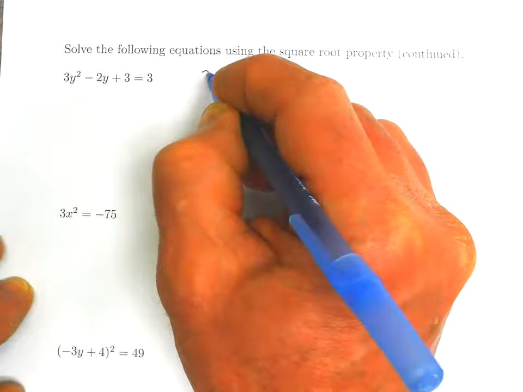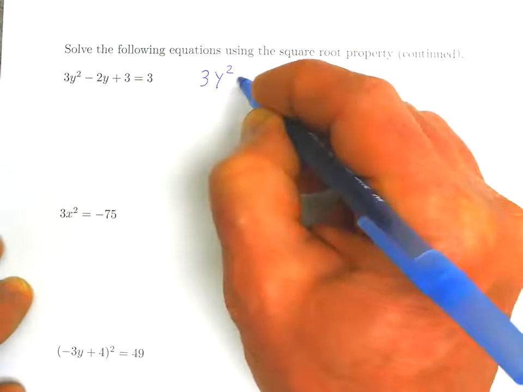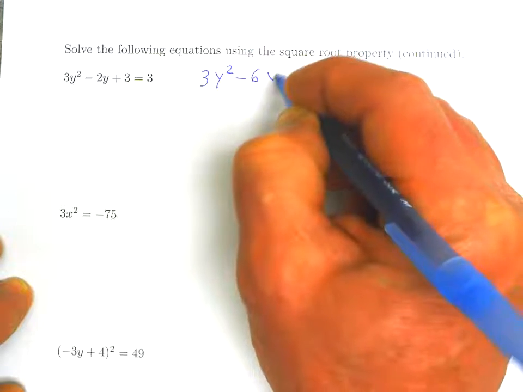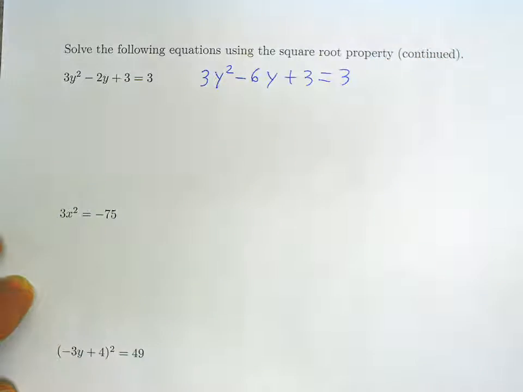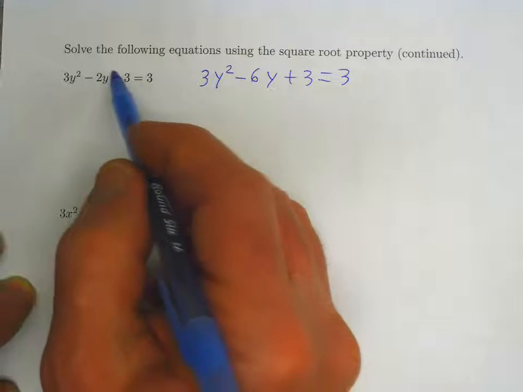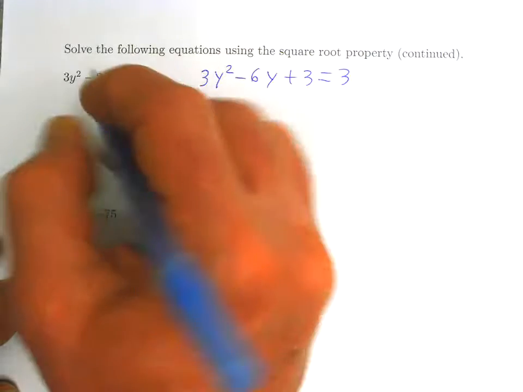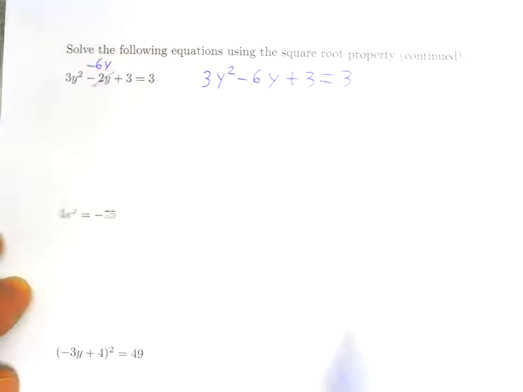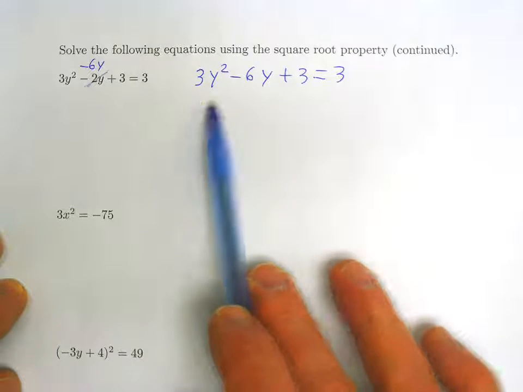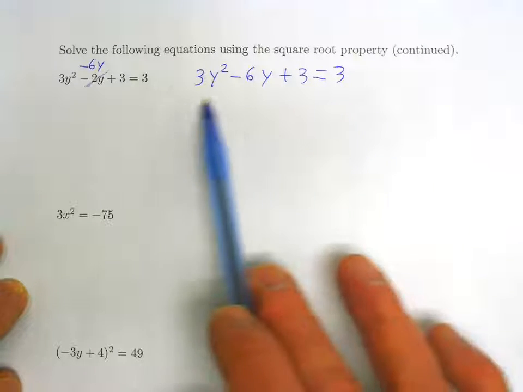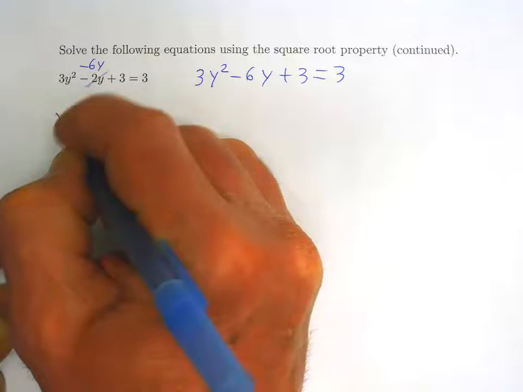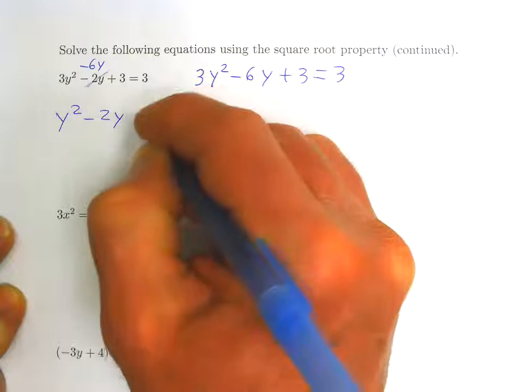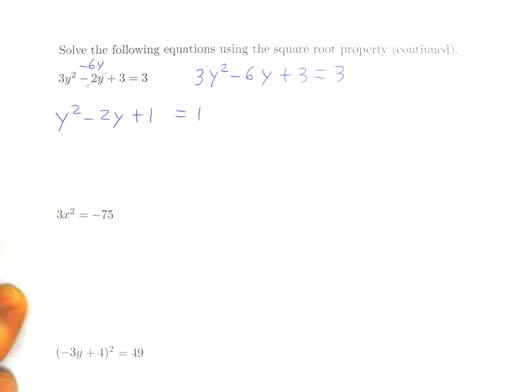We could still solve that, but let's rewrite this as 3y squared minus 6y plus 3 equals 3. So I'm just replacing the minus 2y with minus 6y. So what we can do is divide every term on both sides of this equation by 3. And we get y squared minus 2y plus 1 equals 1.